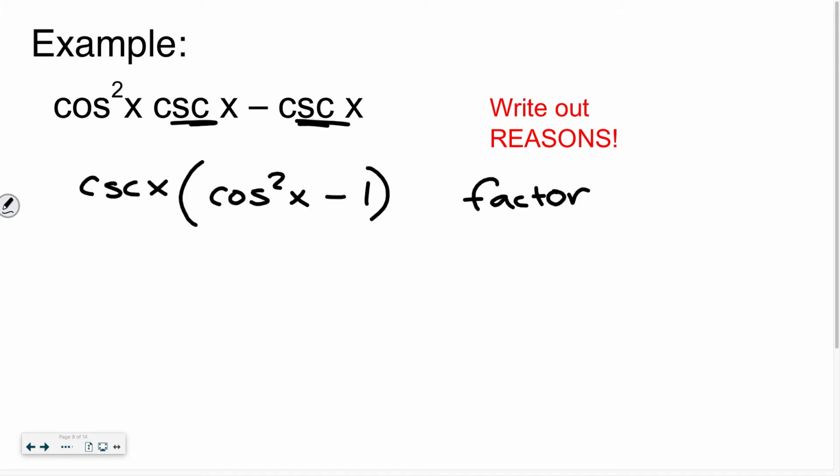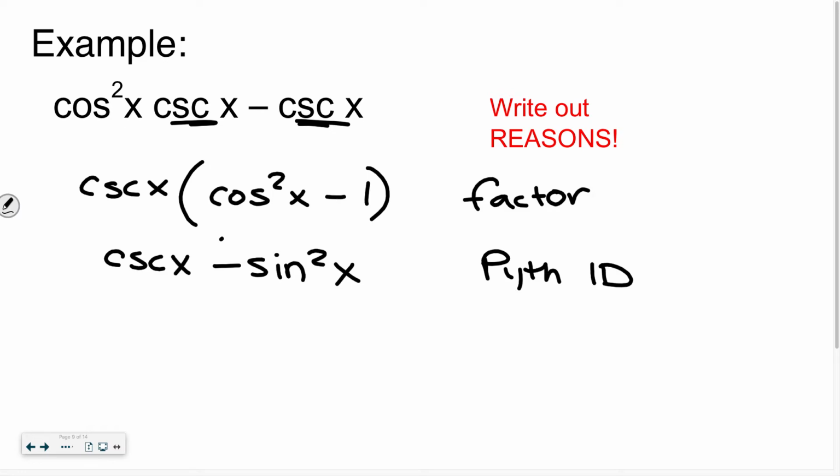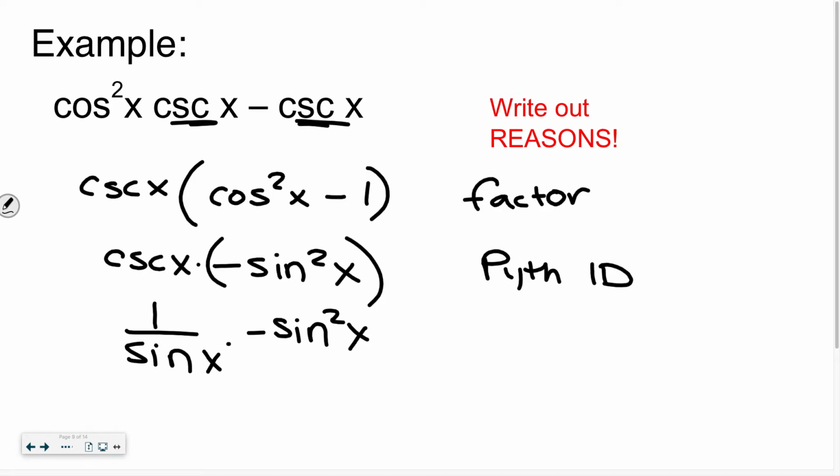Okay. Then I can continue. This one is another Pythagorean identity. That's actually equal to negative sine squared. So that's times, not subtract. And then I can rewrite it all in terms of sine. 1 over sine x times negative sine squared x. So then a sine will cancel and I just get negative sine.